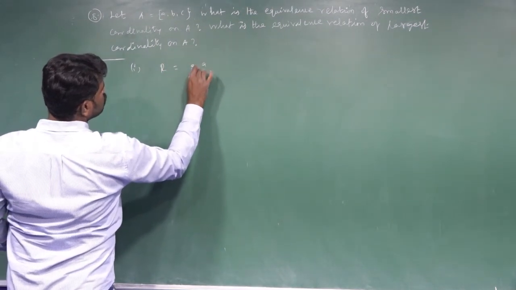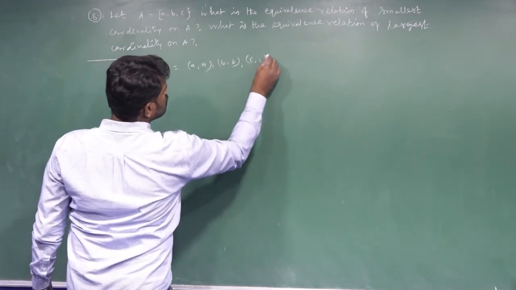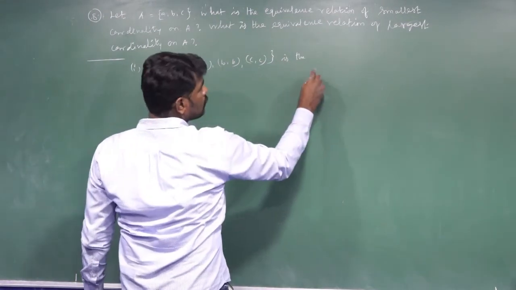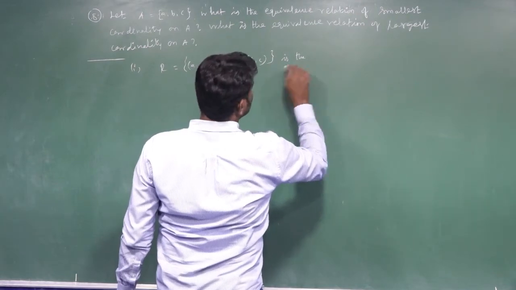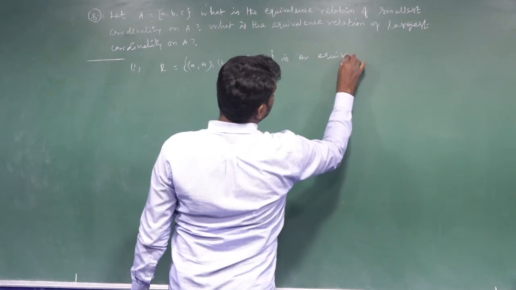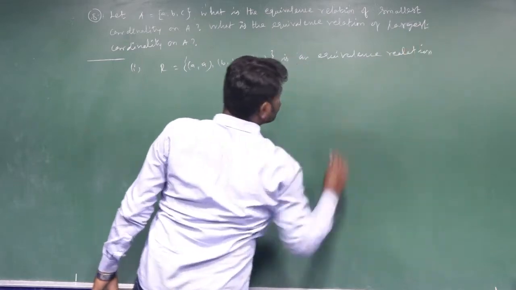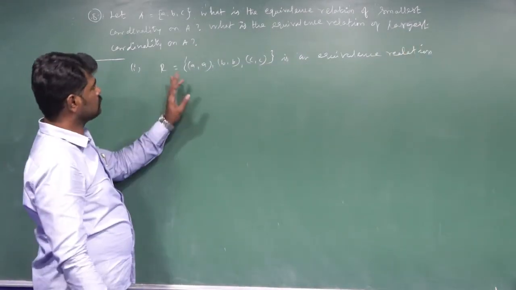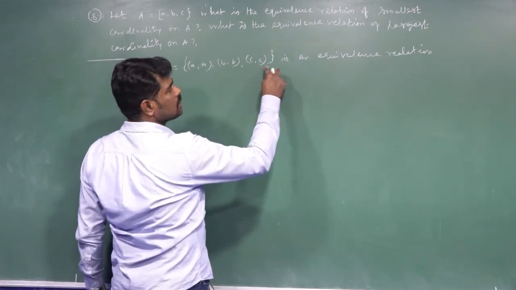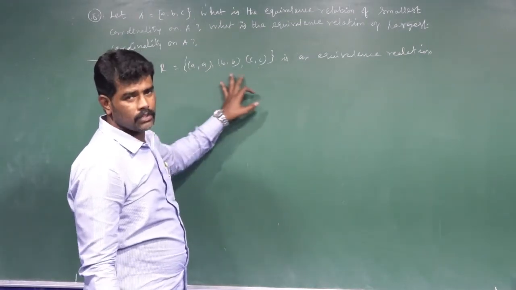Now the first case, R = {AA, BB, CC} is the smallest cardinality equivalence relation. R = {AA, BB, CC} is an equivalence relation because here all are repeated elements only.